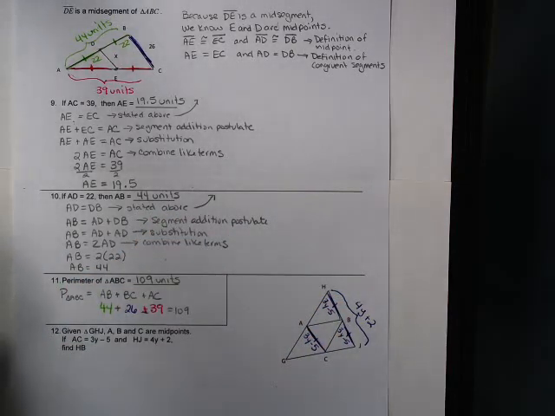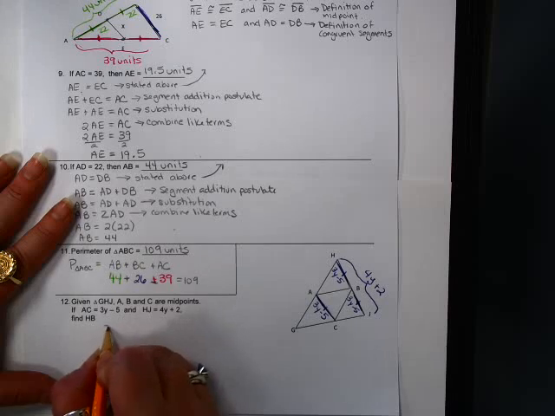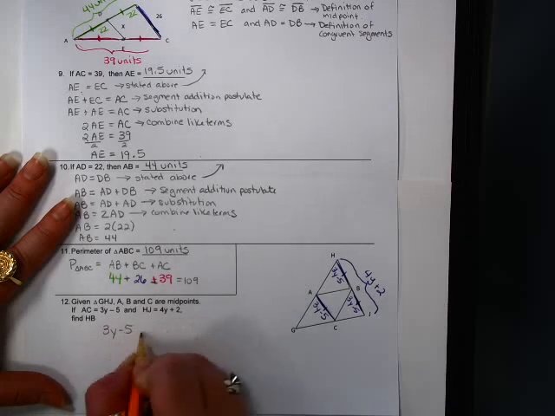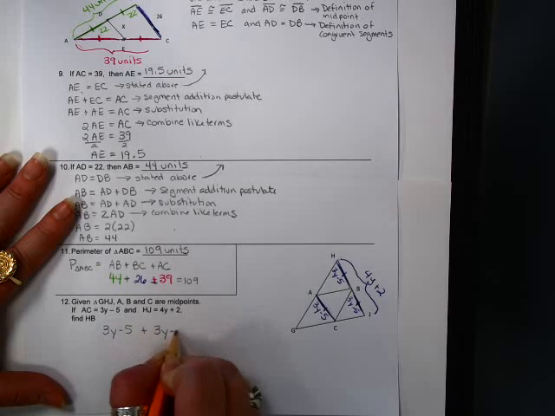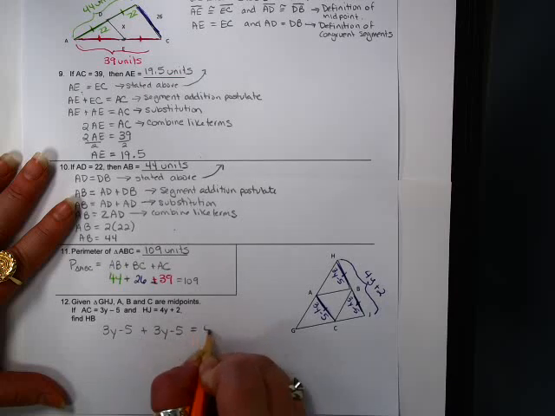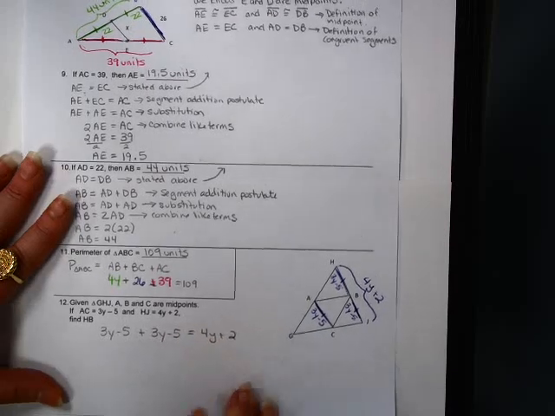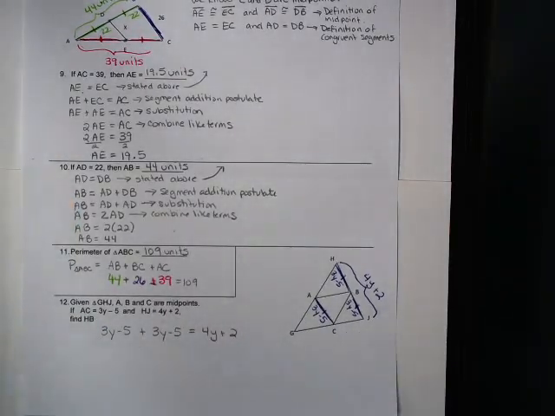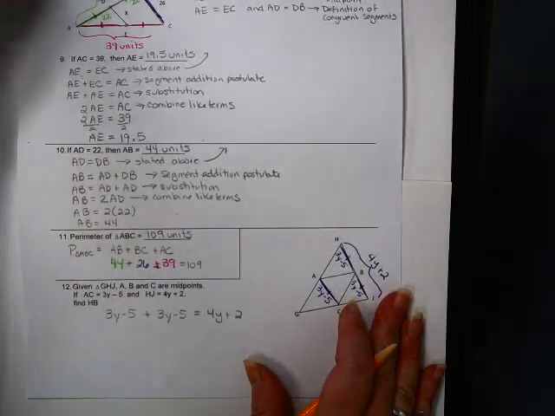So that's going to be 3y minus 5 plus 3y minus 5 equals 4y plus 2. That is all the geometry that's involved in this.